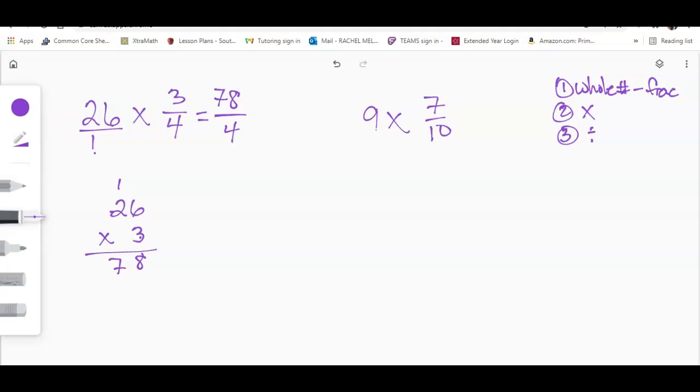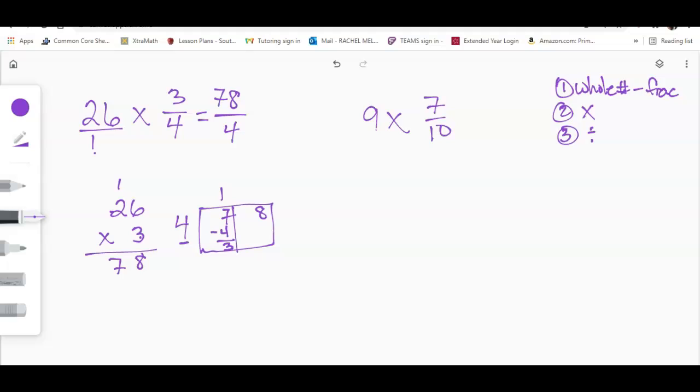So I need to take my 78 and divide it by 4. Since we've been doing so much with the box lately, let me go ahead and use the box. Okay, so I have 78. How many 4s can go into 7? That would be 1. 1 times 4 is 4.